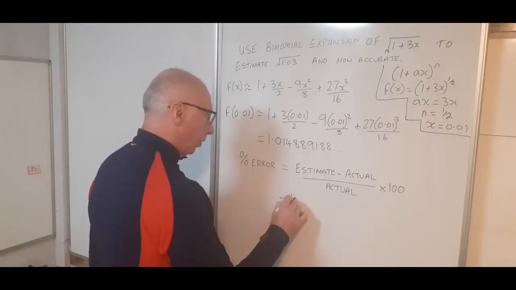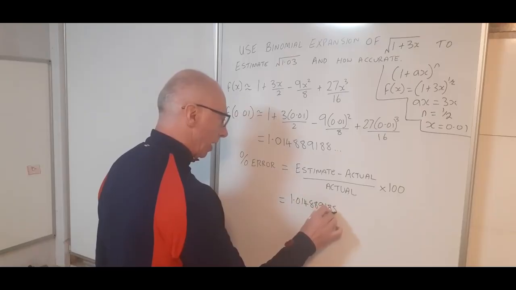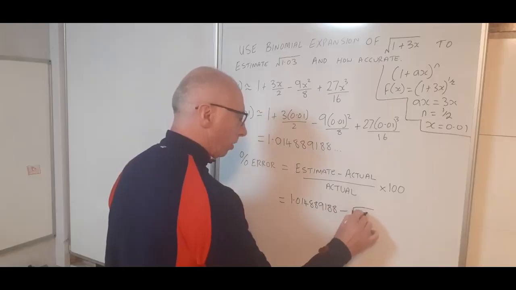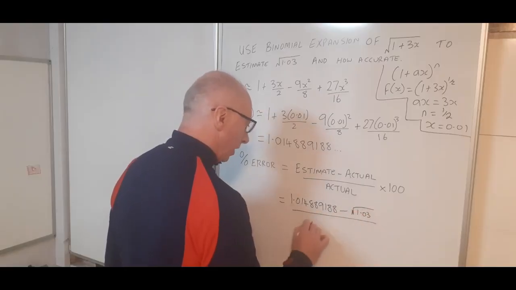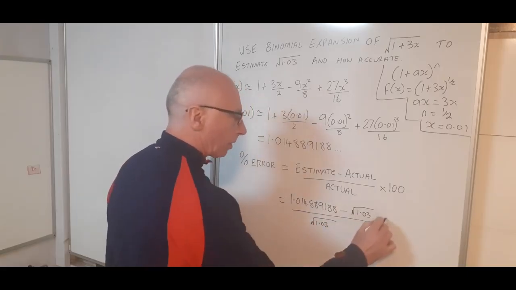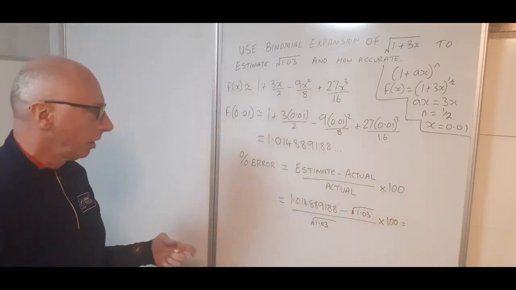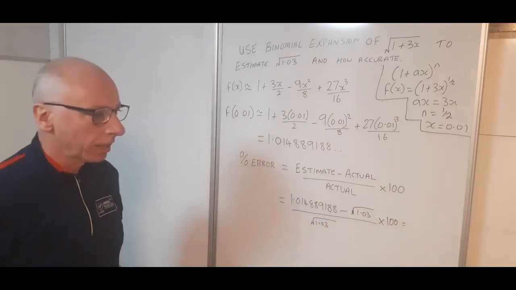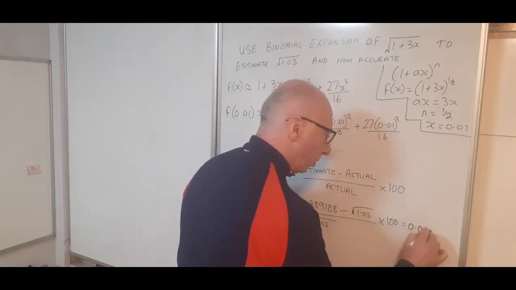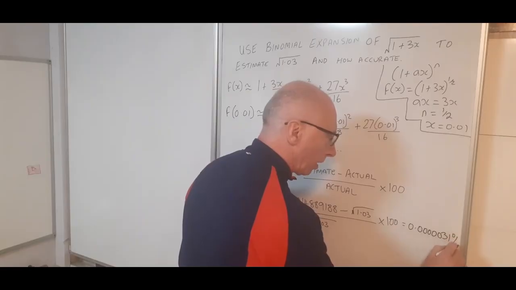So using the figures I've got, with this as my actual value and this as my estimate, I've got 1.014889188 minus the square root of 1.03, divide that by the square root of 1.03 and then times that by 100. And if I put all those numbers through my calculator, I will get 0.0000031%.